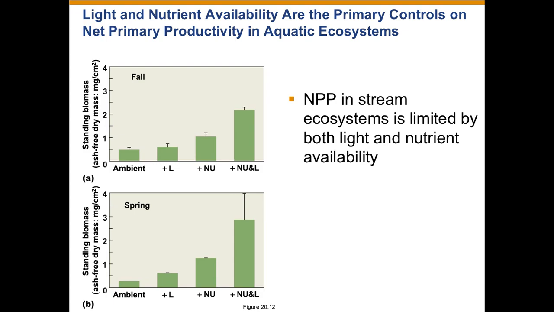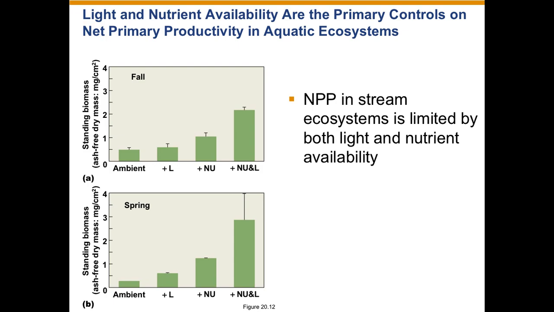And we can look at this in an experimental setting and try to assign different importances to each of these factors. So on the y-axis here, we've got standing biomass, again another proxy for productivity, the amount of plant material within our sample, under 4 different conditions in 2 different seasons.